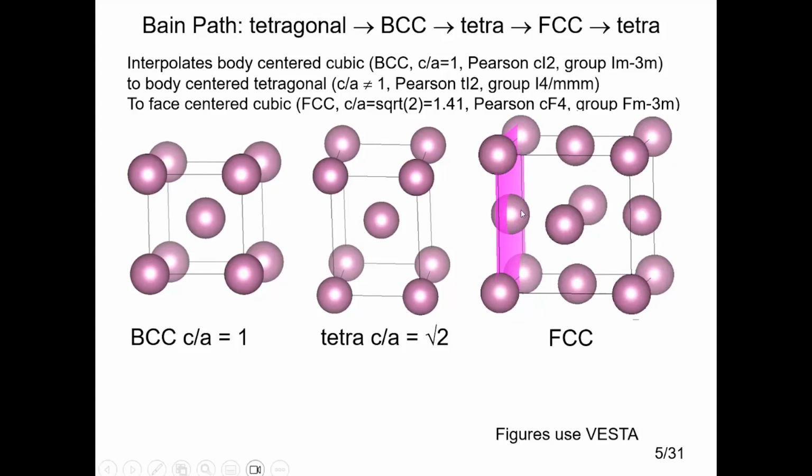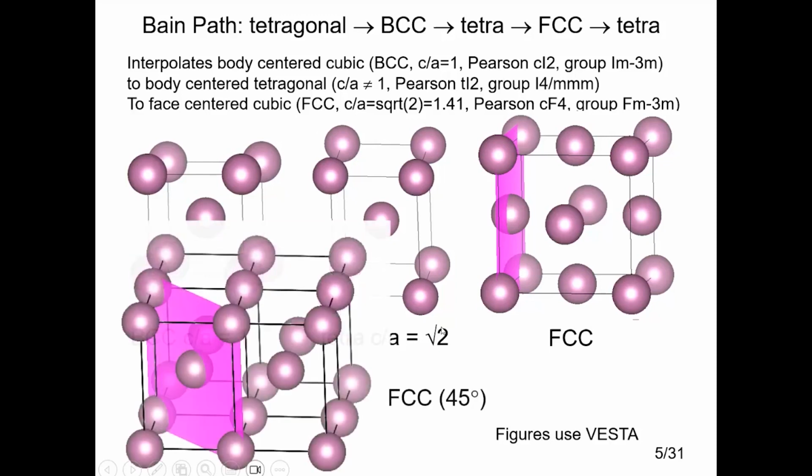In fact, every cubic face has an atom at the center, like this one at the top, this one in front, and so on. But I claim now that this tetragonally stretched body-centered cubic structure actually is face-centered cubic, provided that we stretch by the square root of 2. And here is a figure to illustrate that.